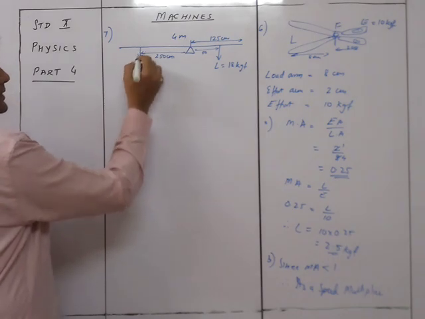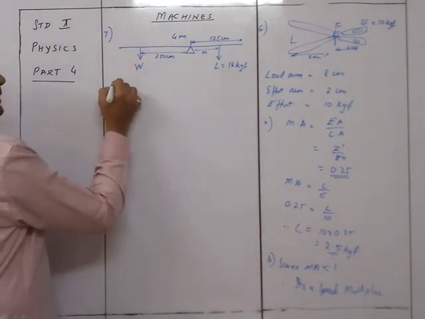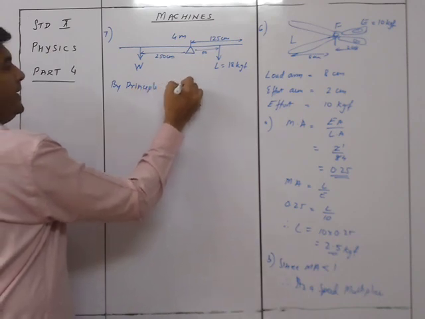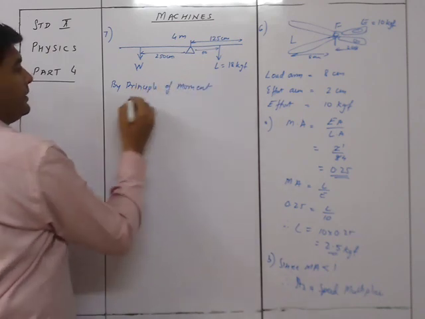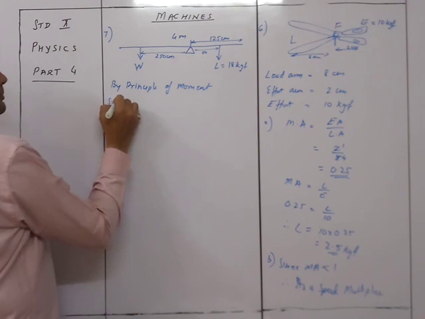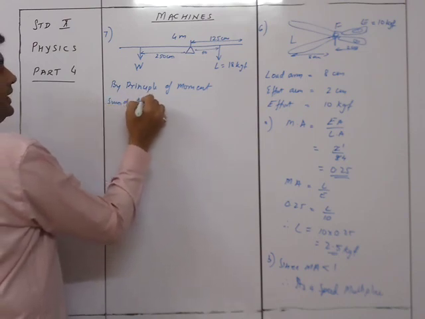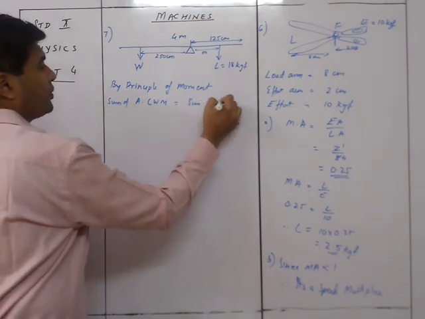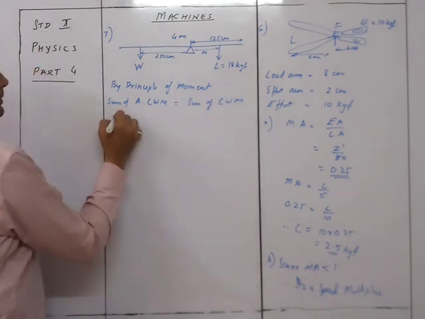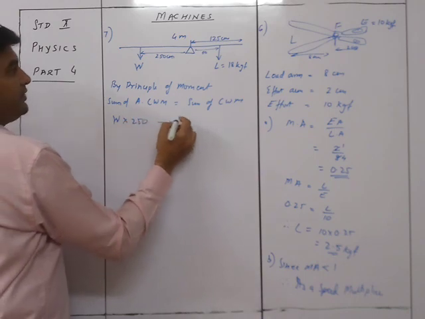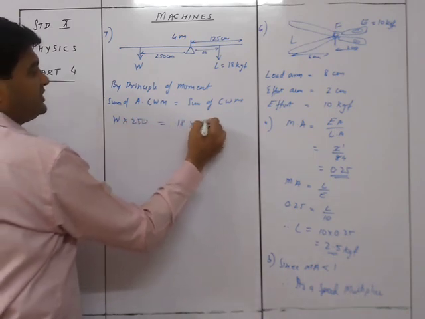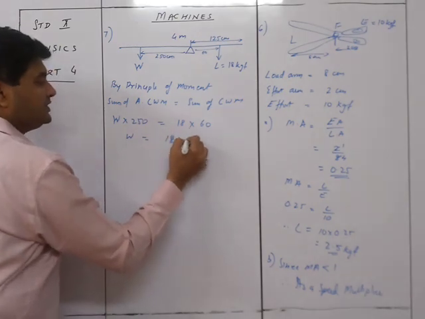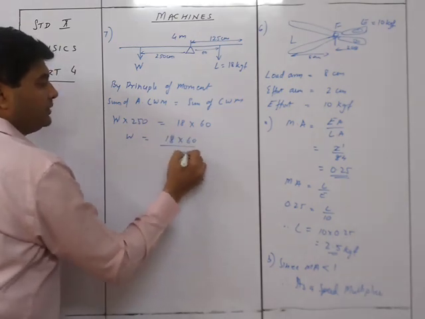So we say this way: by the principle of moments, the sum of anticlockwise moments is equal to the sum of clockwise moments. So W into 250 is equal to 18 into 60. So W is equal to 18 into 60 upon 250.